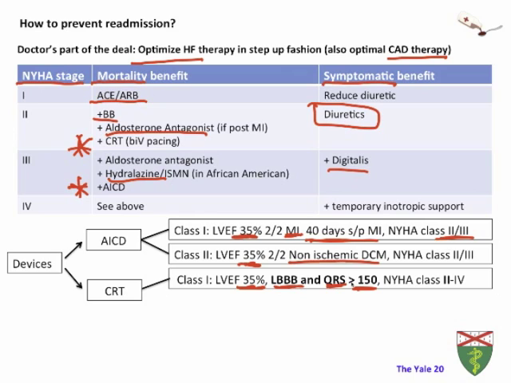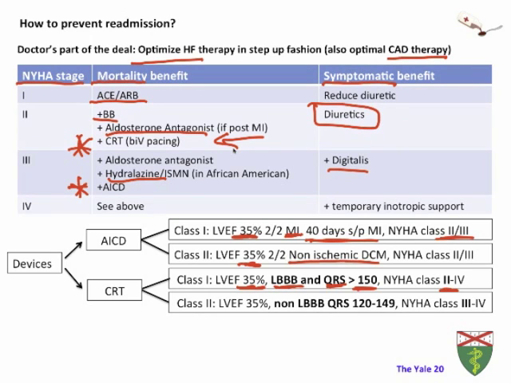It was more than 120 before. Now it's more than 150. And importantly, it starts with New York Heart Association class 2. So it starts quite early here. Keep that in mind. It's a new indication as well. Class 2 indication would be also low EF, but the old kind of QRS that we're all more familiar with, more than 120, and a newer class of 3.